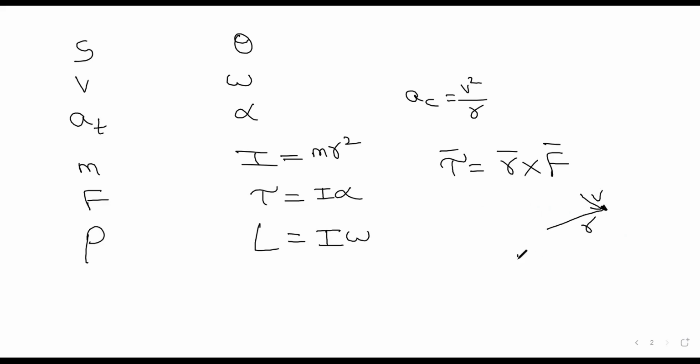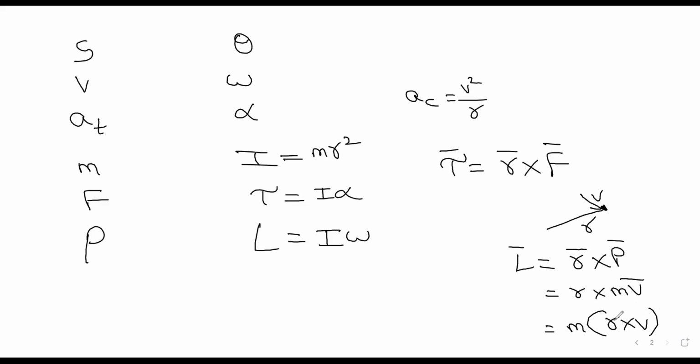So L equals r cross p, and we can write p as mv. M we can take common, r cross v. The same concept: m r into v perpendicular, or m v into r perpendicular.